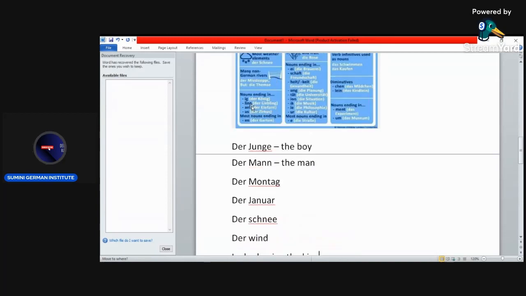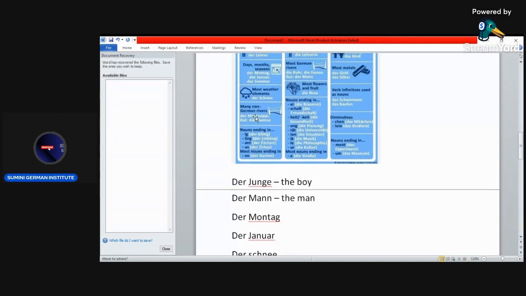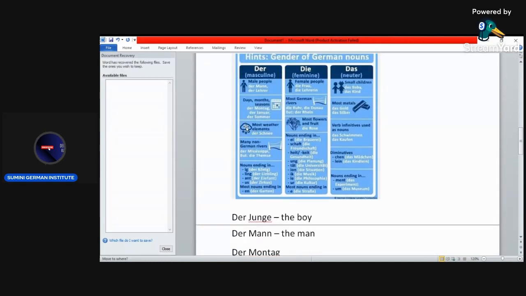Also there's ling, for example, der Liebling. There's ant, der Elephant. So if a noun ends with these, it's der. Then us, der Zirkus. You can also, as an exercise, find more nouns that have these endings.